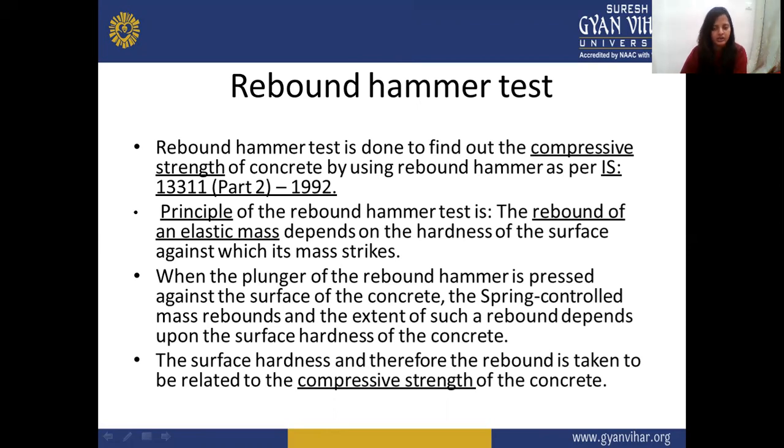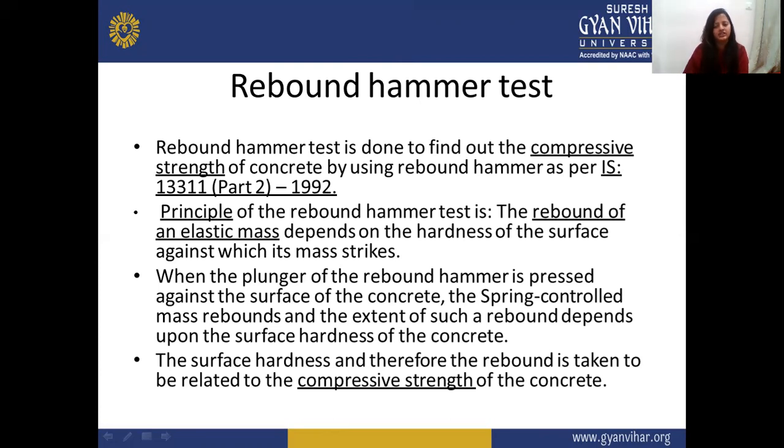It exerts a high impact on the surface of the concrete, after which it rebounds, and the reading is directly noted from the gauge. So when the plunger of the rebound hammer is pressed against the surface of the concrete, the spring-controlled mass rebounds, and the extent of such rebound depends upon the surface hardness of the concrete.